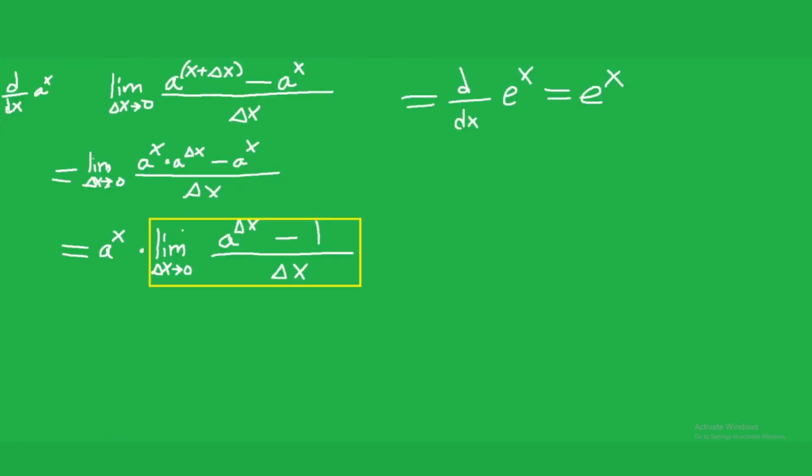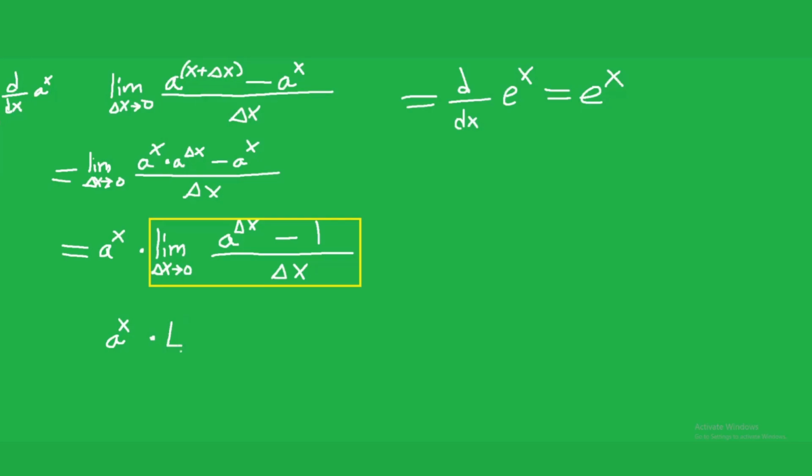Also, if you were to look at any exponential function, like 2 to the x, you could always write the derivative as 2 to the x times this limit, whatever that value is, so it is very useful. We did make a major undertaking there, to where we have our a to the x times this limit.